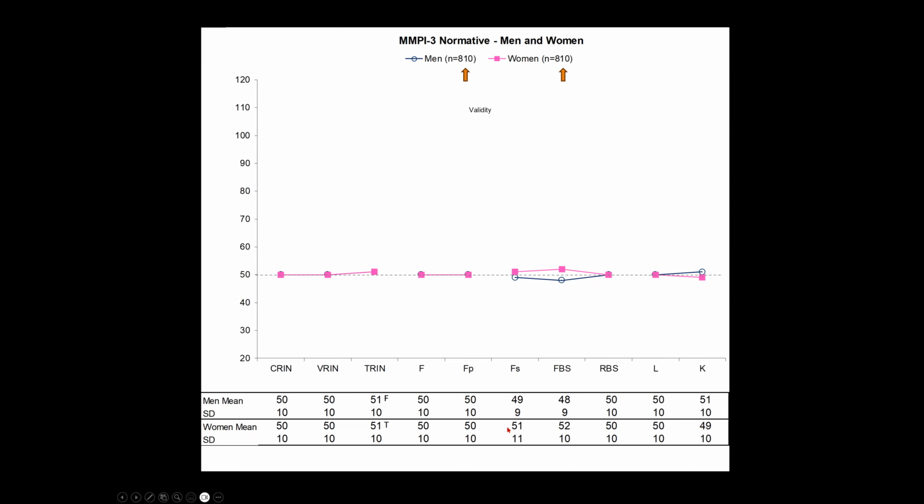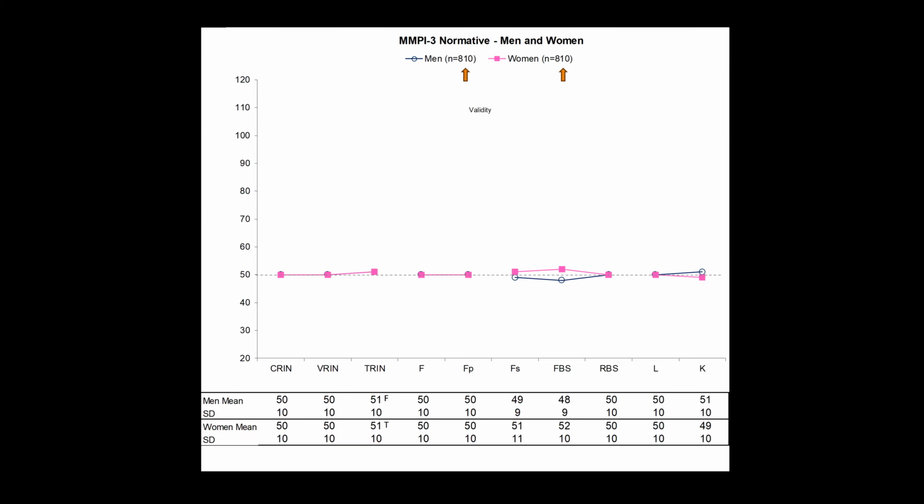We're also reporting the standard deviations here at the bottom of this chart for the men and women. And as you can see on the validity scales, they're quite comparable to each other. Generally speaking, a T-score difference between 2 samples has to reach at least a 5 T-score point difference for it to be clinically meaningful.